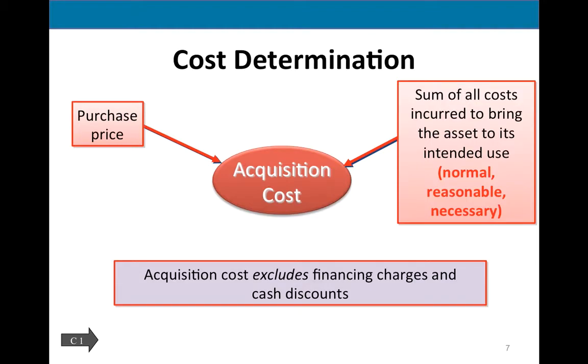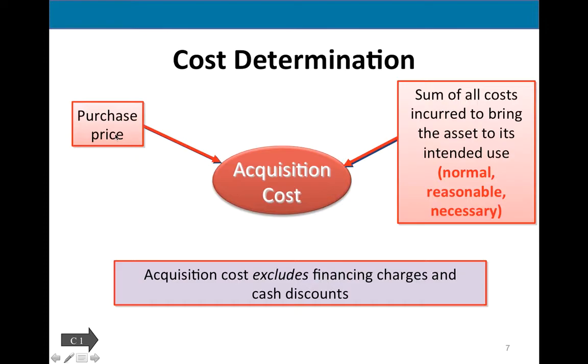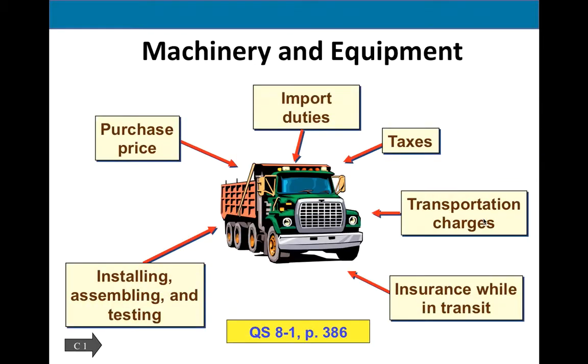So the first idea is cost, cost determination. Besides the purchase price of the asset, we have to add to the acquisition cost all costs that are necessary to bring the asset to its intended use. Anything normal, reasonable, and necessary. So here's an example.